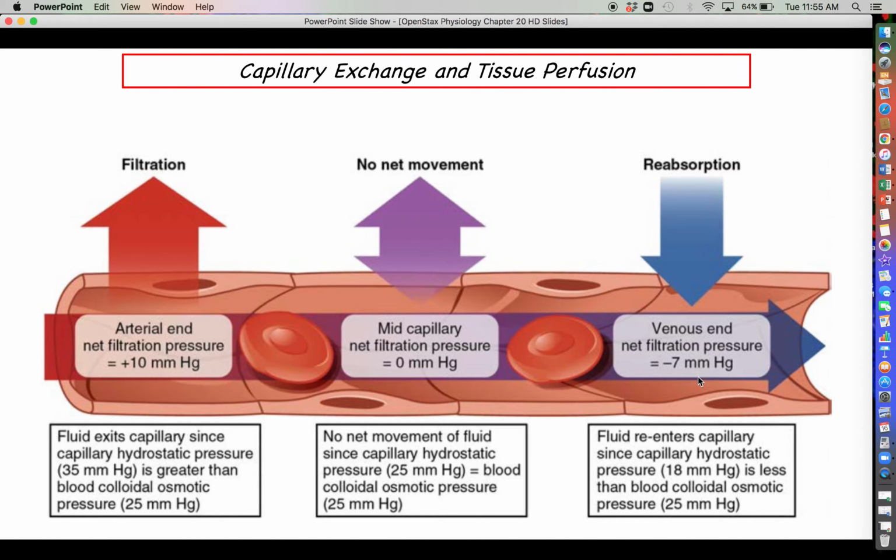The pressure inside the vessel is lower than what's outside, so now materials are going to be reabsorbed back into the blood vessel. And at some point, in the middle of the capillary bed, there is no net movement because the net filtration pressure equals zero. In other words, the pressure inside the capillary is equal to the pressure outside the capillary.